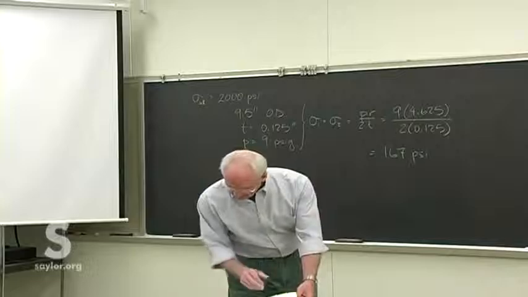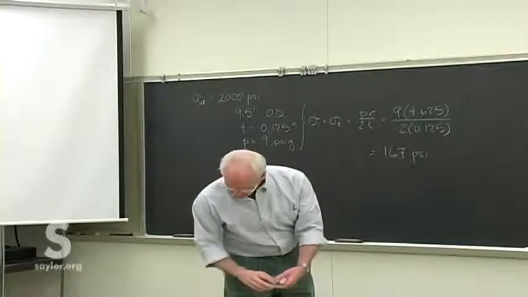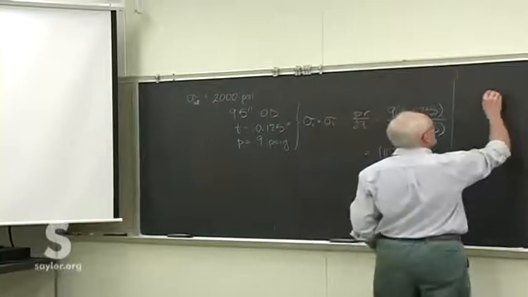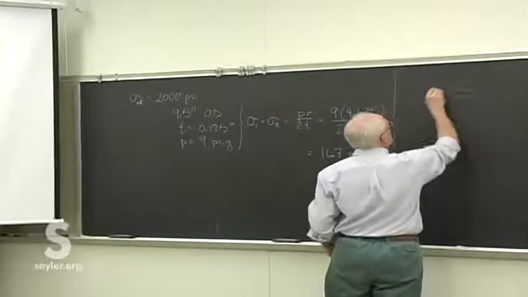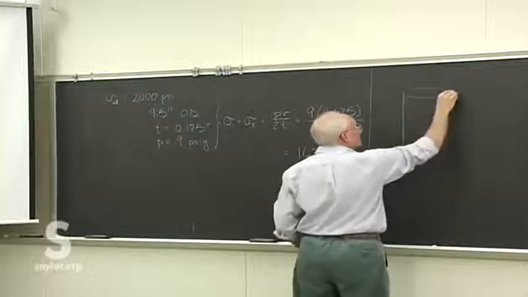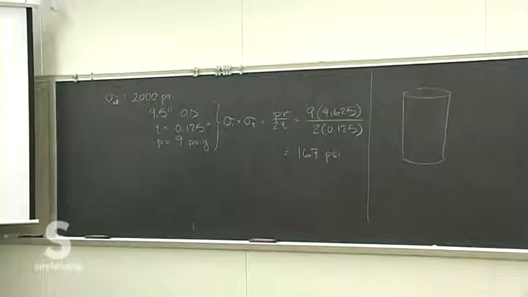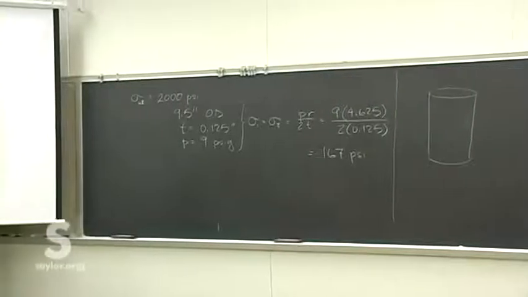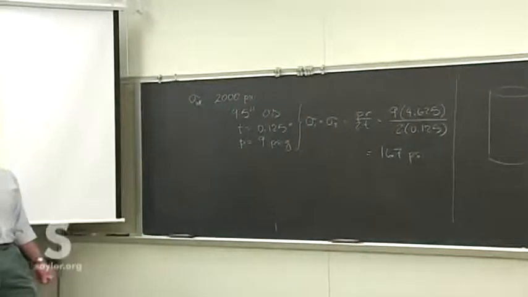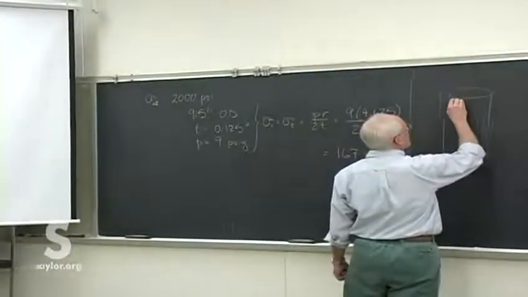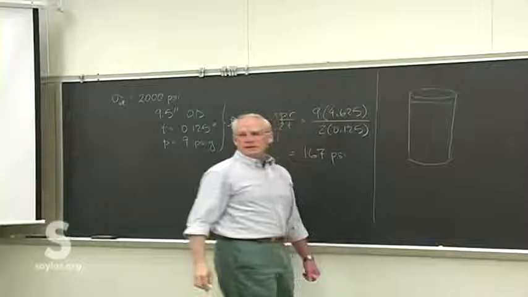Okay, I think we'll do one more real quick just to give a different illustration of the type of thing that will happen. So let's look at a storage tank. In this case, the entire tank is not under pressure because it's only the hydrostatic pressure of the fluid in the tank itself.